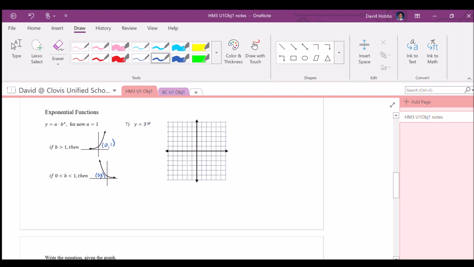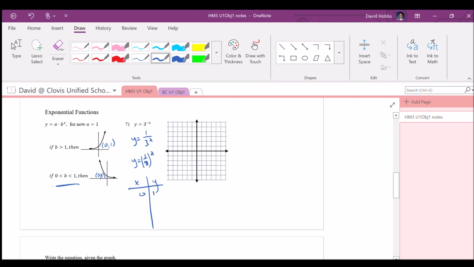Okay, y equals 3 to the negative x. Now this is kind of a tricky one because that's y equals 1 over 3 to the x, which is really y equals 1/3 to the x. So that's this particular case right here. So if I plug in 0, 1/3 to the 0 is 1.